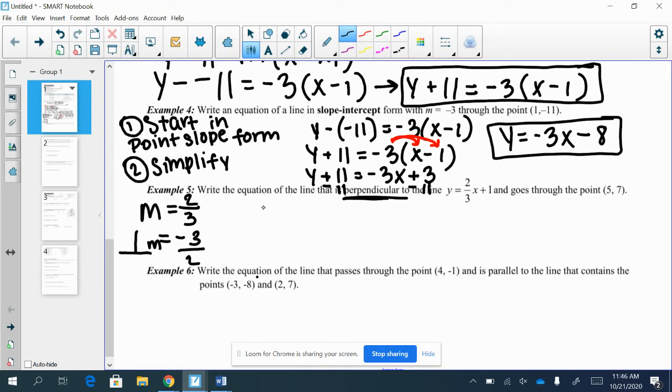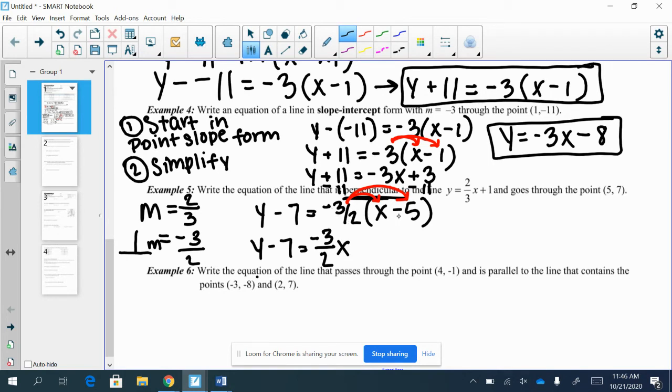Plugging it into point slope form, y minus 7 is equal to negative 3/2 times x minus 5. Then again, our first step is to distribute this negative 3/2 into our parentheses. So y minus 7 is equal to negative 3/2 x.